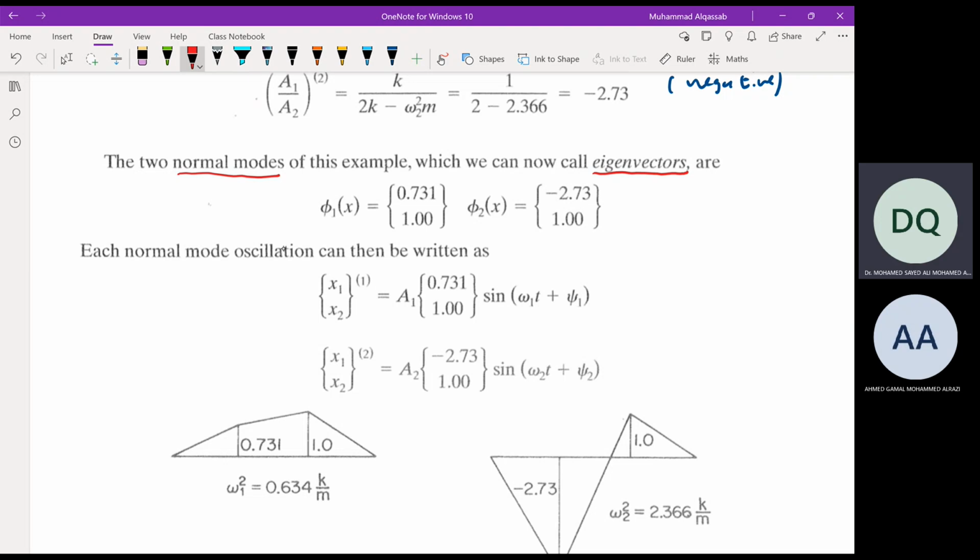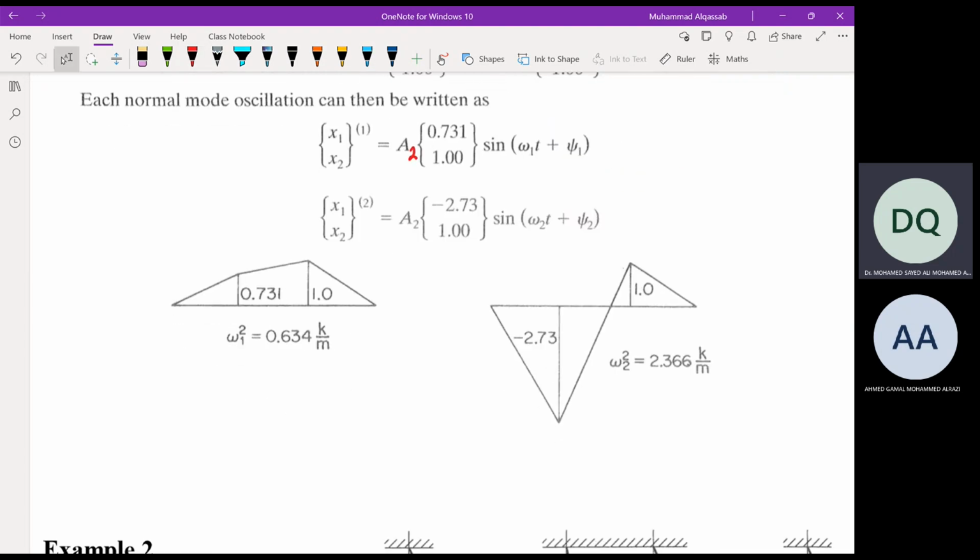And the second response equation for the second mode is x1 and x2 equal to A2 times minus 2.731 and 1 times sine omega 2 t plus psi 2. And this is called the normal mode or mode shape.